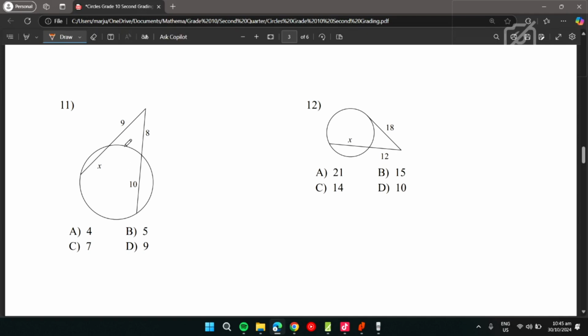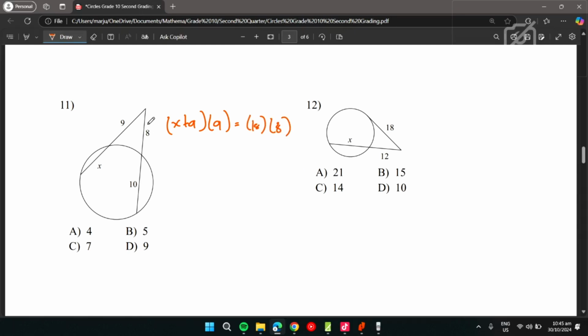Again, secant ito, right? Secant. So, we need to say part times whole times part is equal to the whole times part. So, we're gonna do this one first. Yung entire secant is x plus 9. X plus 9 times the part, which is 9. And again, that is just equal to what? The entire secant, ito, which is 18 times 8, right?